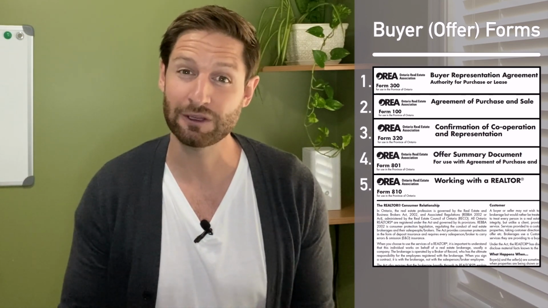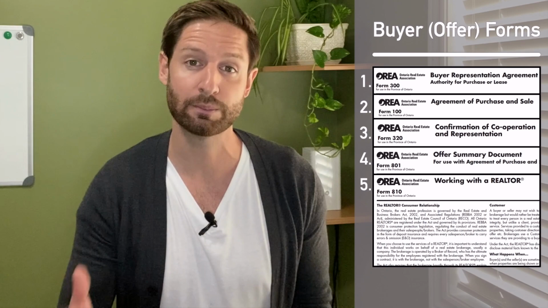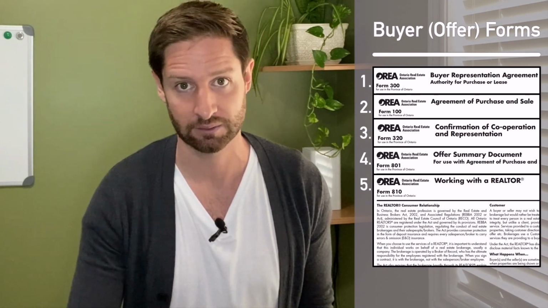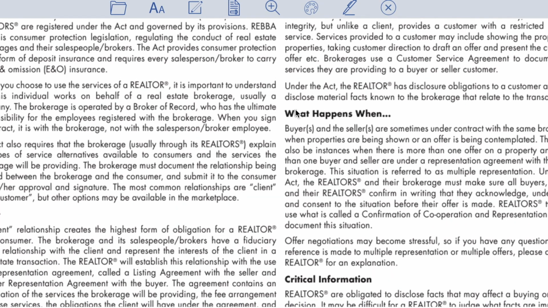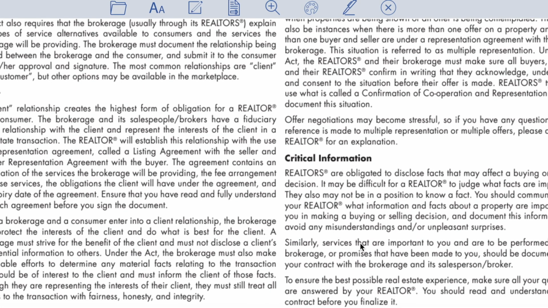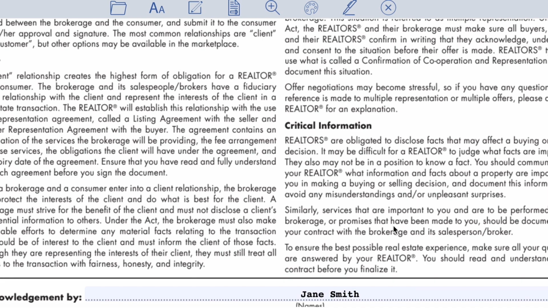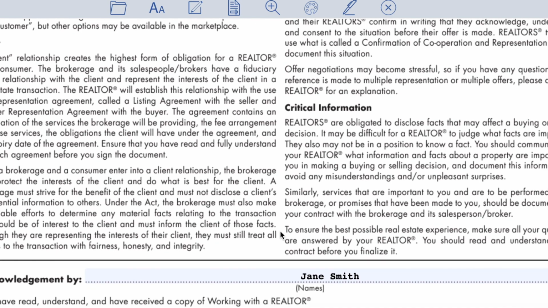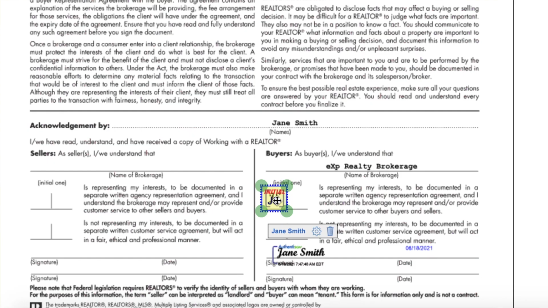Some brokerages might feel that the 320 is more than enough, but others won't, so it'll be very brokerage dependent whether you use this form or not. It's getting acknowledgement from, in our scenario, our buyer clients that we are representing their interests and they understand the brokerage may represent or provide customer service to other sellers and buyers. Short one again there that will require initial and signature from our clients.